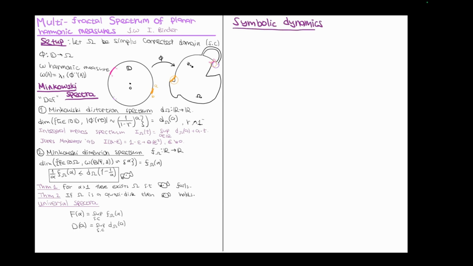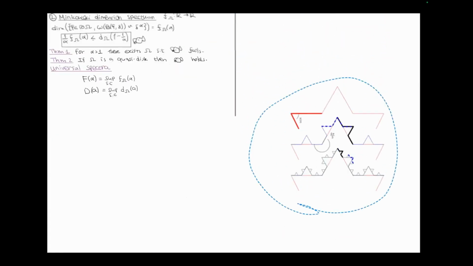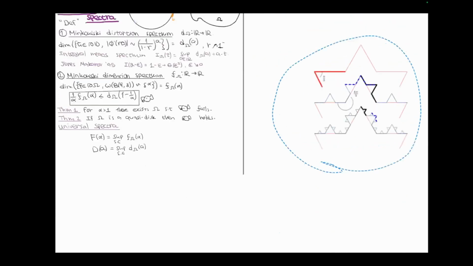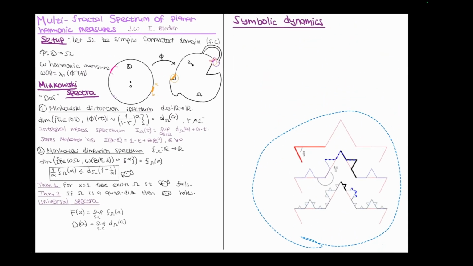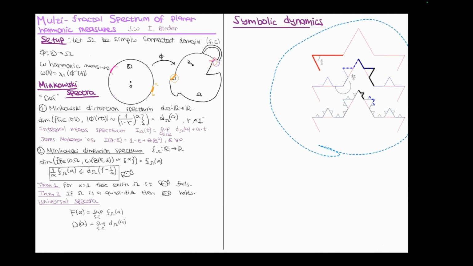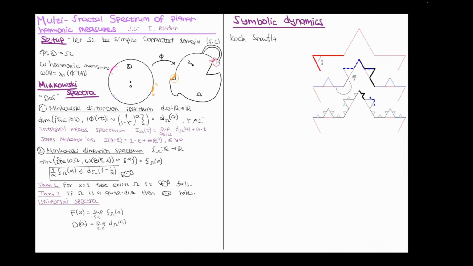And to start this discussion, I would like to take us back to our very much favorite Koch snowflake. So how do we construct the Koch snowflake? We start with just a line.